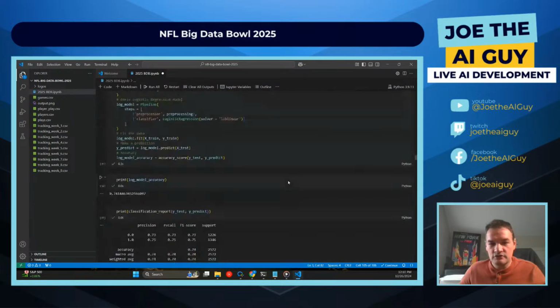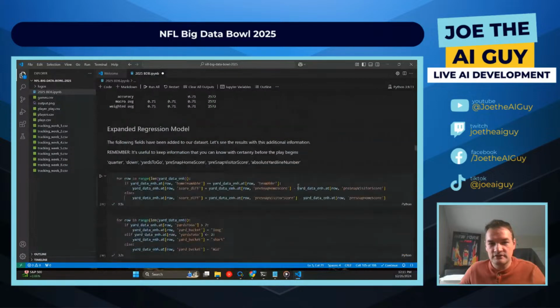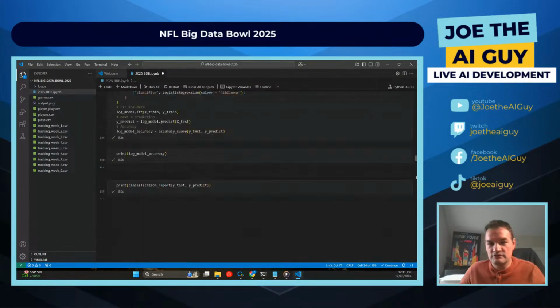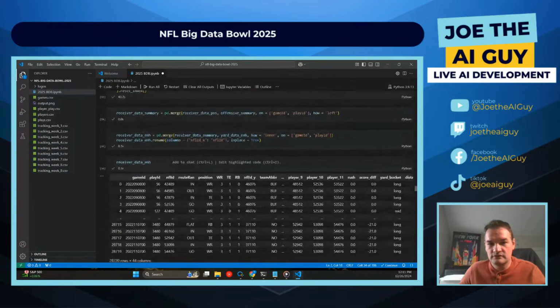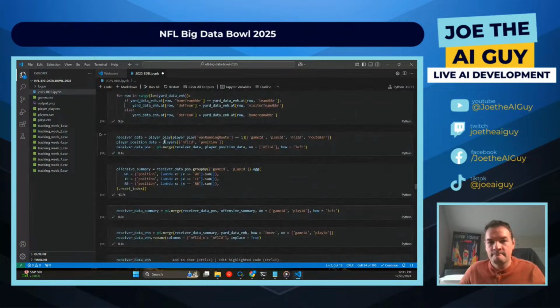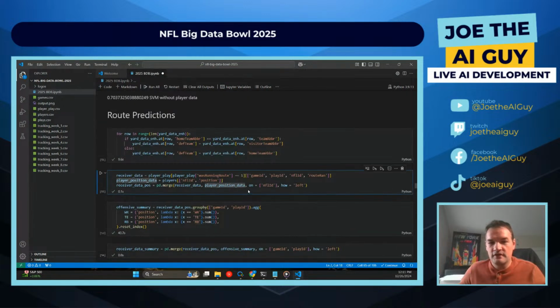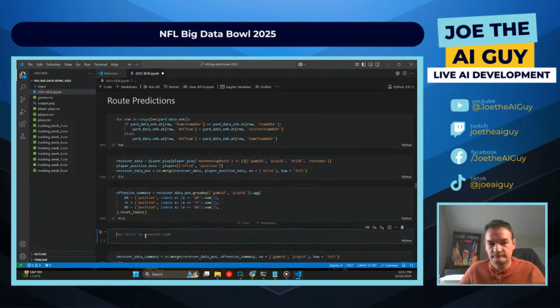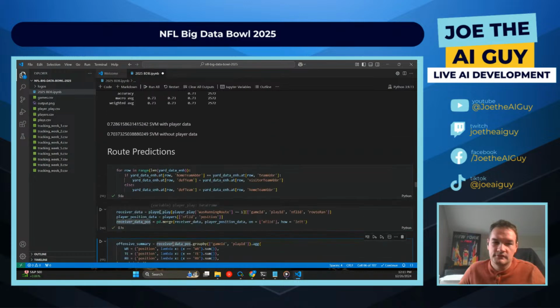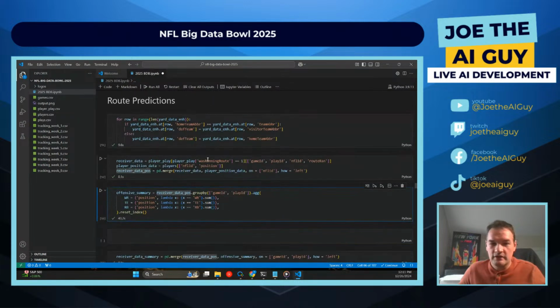I'll come back up here to how we added the offensive players. Went too far. Yeah. So we got, like I said, the receivers on a given play, but now let's go through and we'll add things for the defenders. So the receiver data here was that the player was running a route.